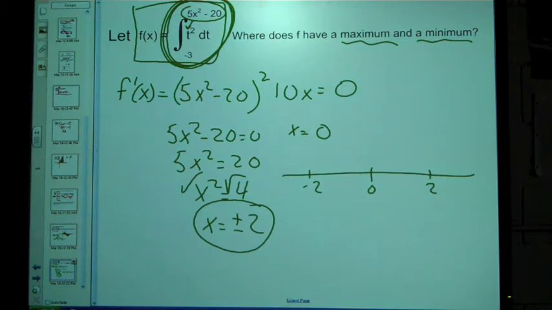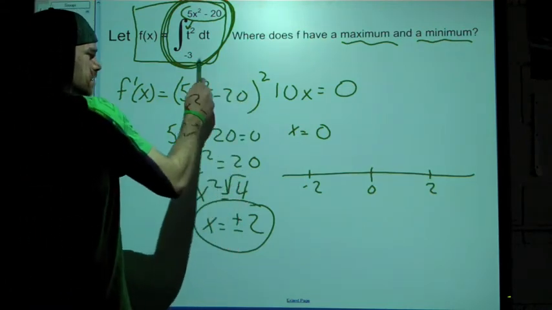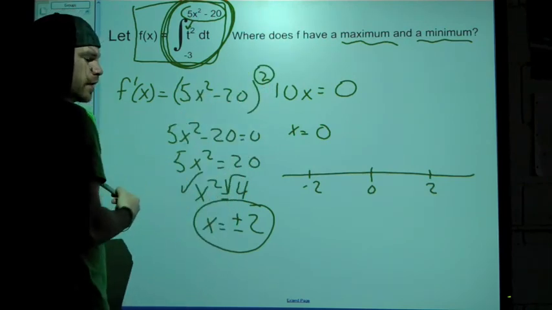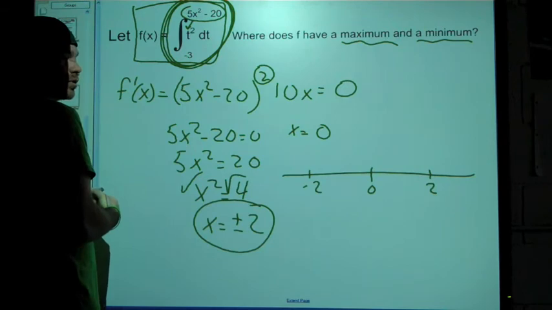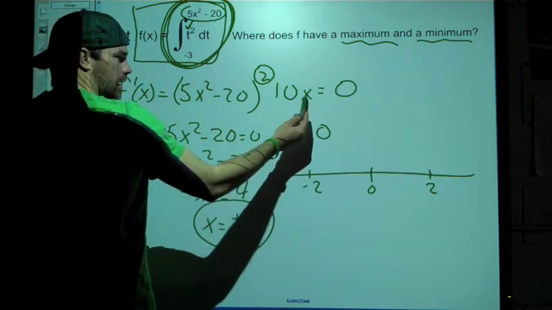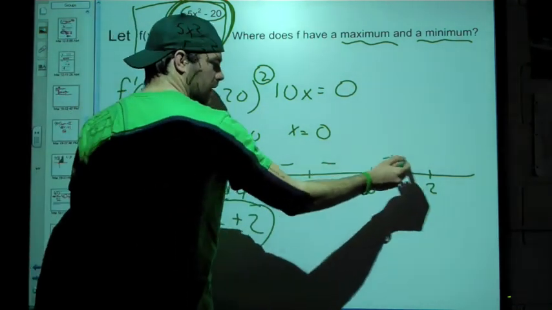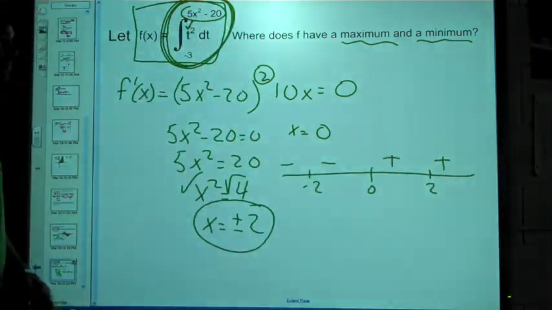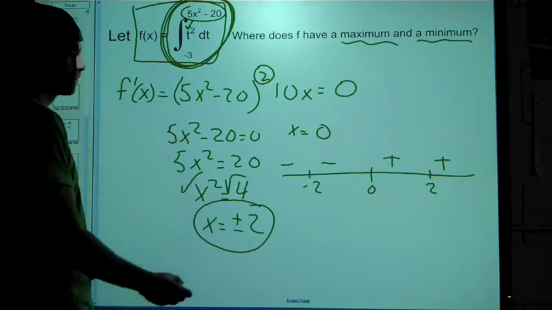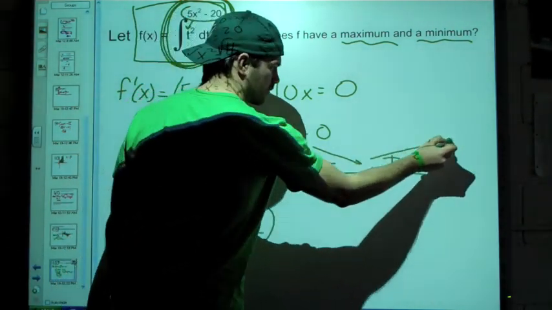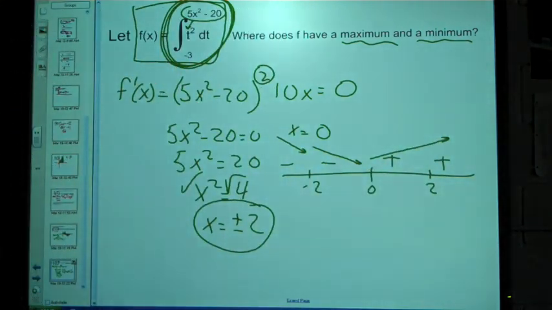Alright, fill in the sign chart. This is always going to be positive, because it's going to be squared. So that makes this real easy. Just look on the outside. If I plug in anything that's negative, I get negative, negative, positive, positive. This is a great example.